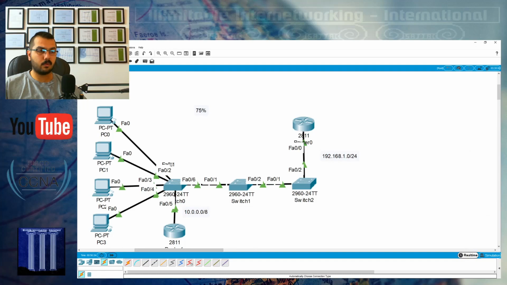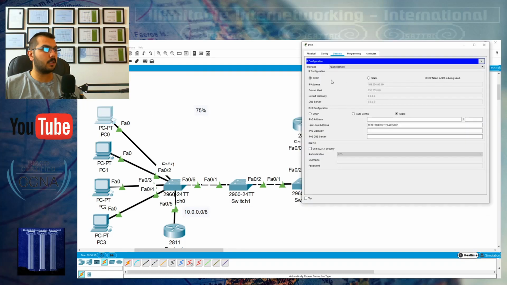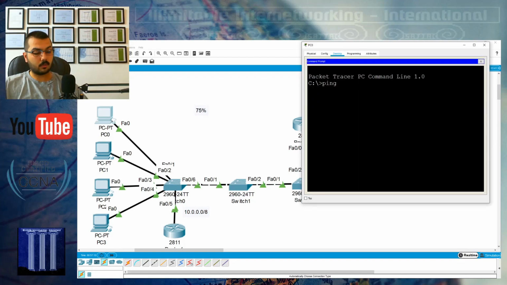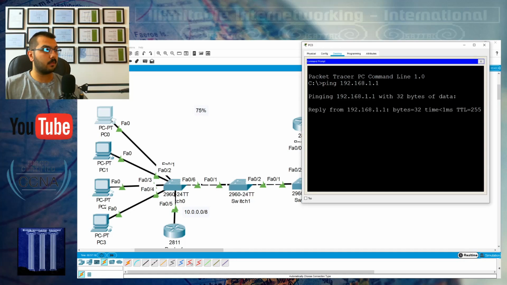Just fast forward a bit and try our luck again. It says failed. If, for some reason, I make it a static IP address like .10 and make my gateway .1.1, will I be able to reach the router, or is there anything that's cutting my path? I'm able to.